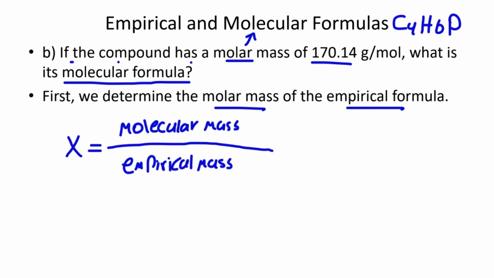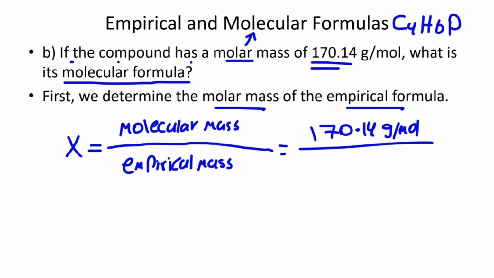The molecular mass given is 170.14 gram per mole, divided by the empirical formula mass. As you can see here, we have 3 different elements, so we are going to open 3 different parentheses with a plus sign between each one and the other, and inside of each we are going to put a multiplication sign.